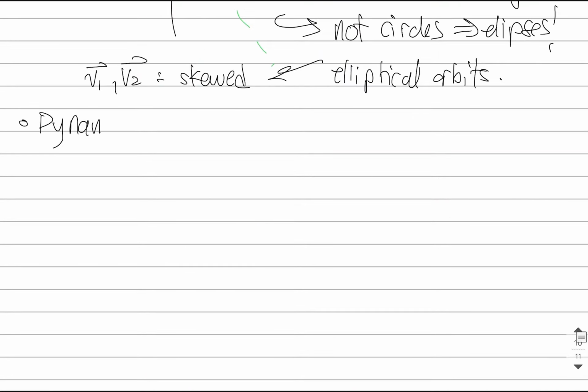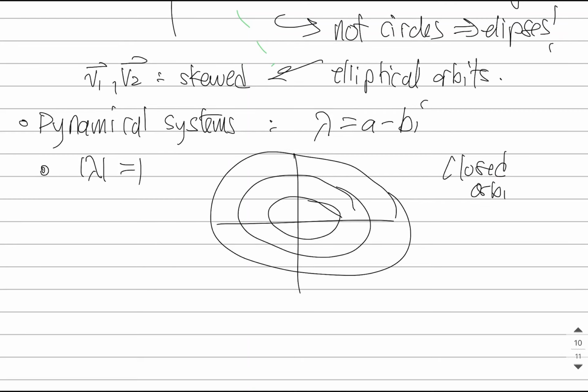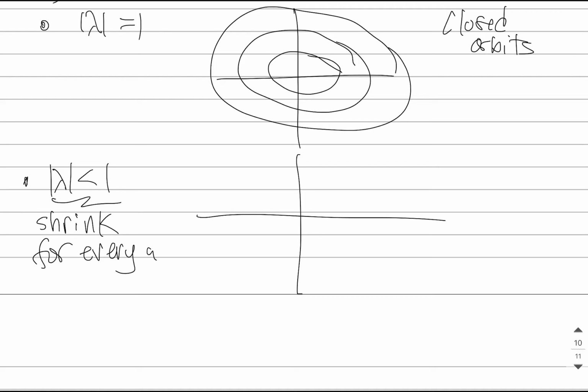If we have a dynamical system and we ever get these complex eigenvalues, we know that if the size of the eigenvalue is 1, we'll end up getting these closed trajectories. If I were to ever have eigenvalues that were less than 1, so for every application of the matrix A, we would get a shrink.